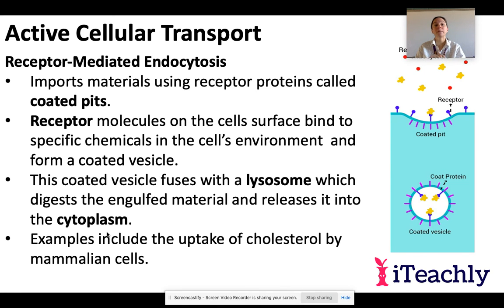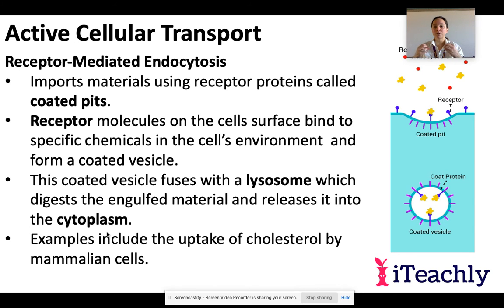So now receptor aided. Receptor aided means I need something to help this occur. So I'm going to have these little pits, coated pits, and these coated pits are going to have receptor proteins on them. And what happens is these receptor proteins are going to be grabbing and binding things to them.